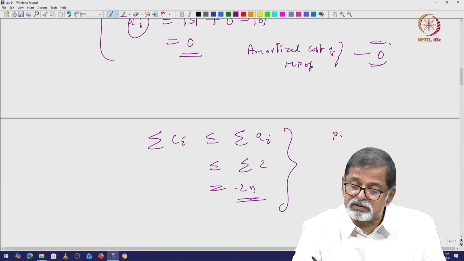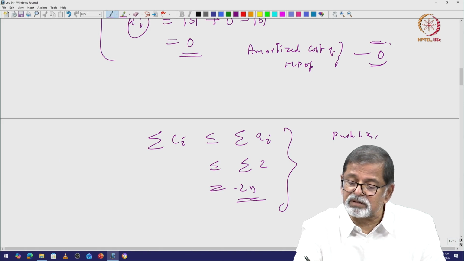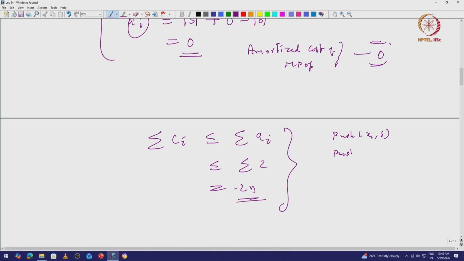Suppose I do push x1, push x2, push xn minus 1, and then multi-pop of n minus 1. So I would have paid 2 rupees for each push, and for the multi-pop I will not pay anything, but in each 2 rupees you have taken 1 rupee, and you will have 1 rupee surplus.